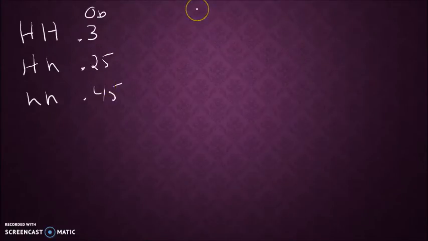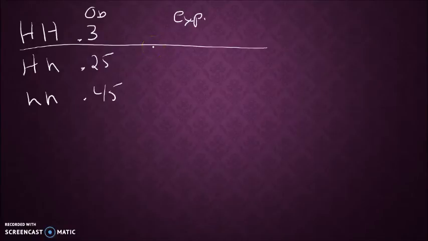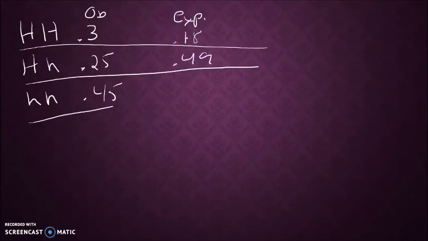Our observed, I'm just going to put OB, 1.3, 0.25, and 0.45. Our expected, what we just calculated, so for the homozygous dominant, in this column here, we're going to have 0.18, and then in this column, we're going to have 0.49, and down here we're going to have 0.3.